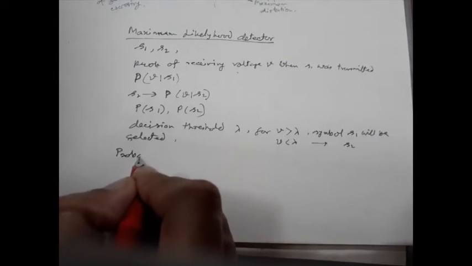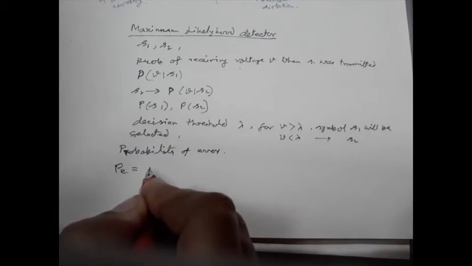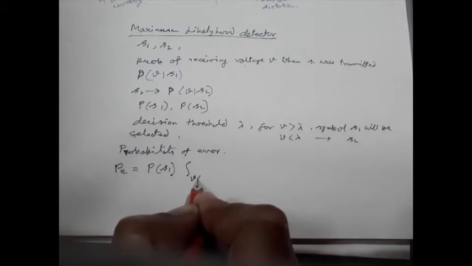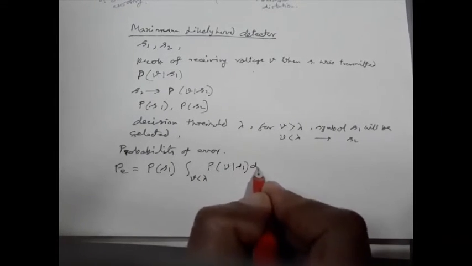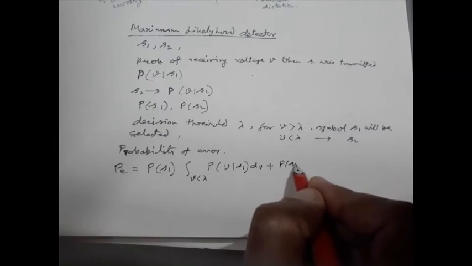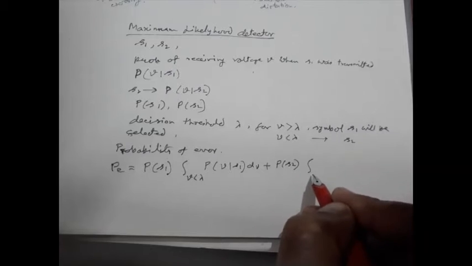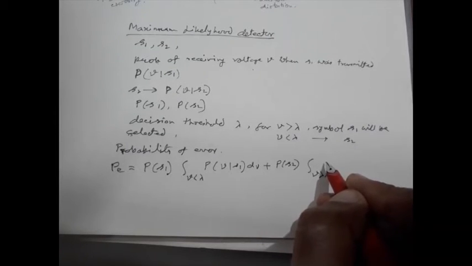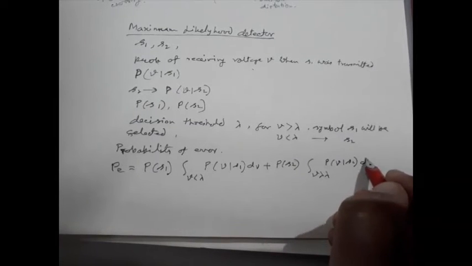In that case, the probability of error can be written as the probability that S1 was transmitted and we have received a voltage less than the threshold voltage, plus the probability that S2 was transmitted but the received voltage is greater than lambda.